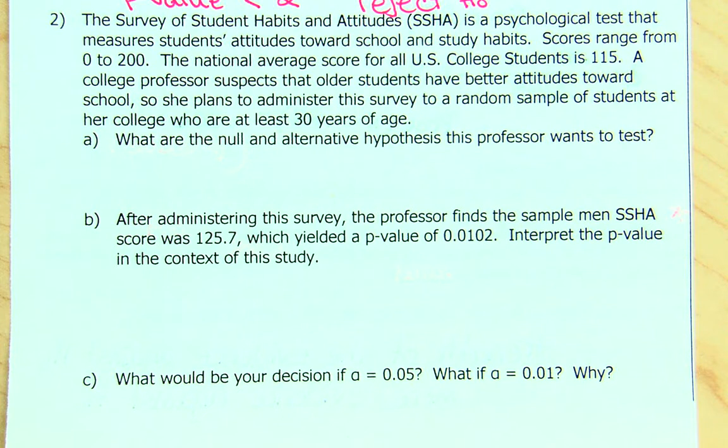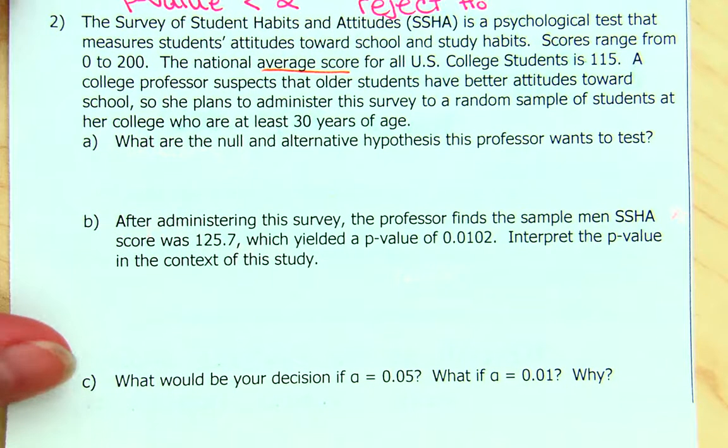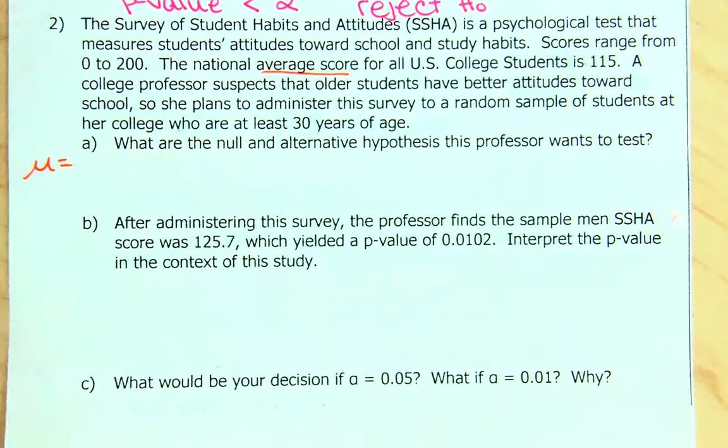So, first of all, we need to decide, are we talking about means or proportions? Means. How do you know? Yeah, because it says an average score. So that tells me it's a mean. So how am I going to define this parameter?